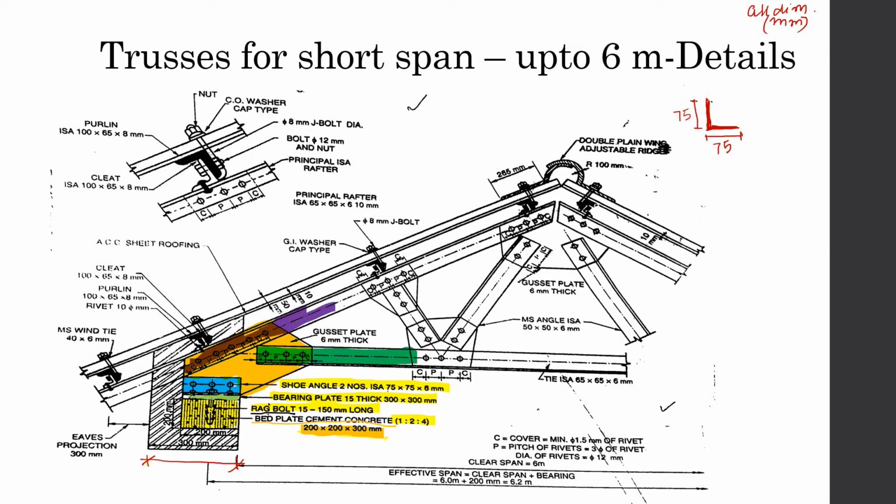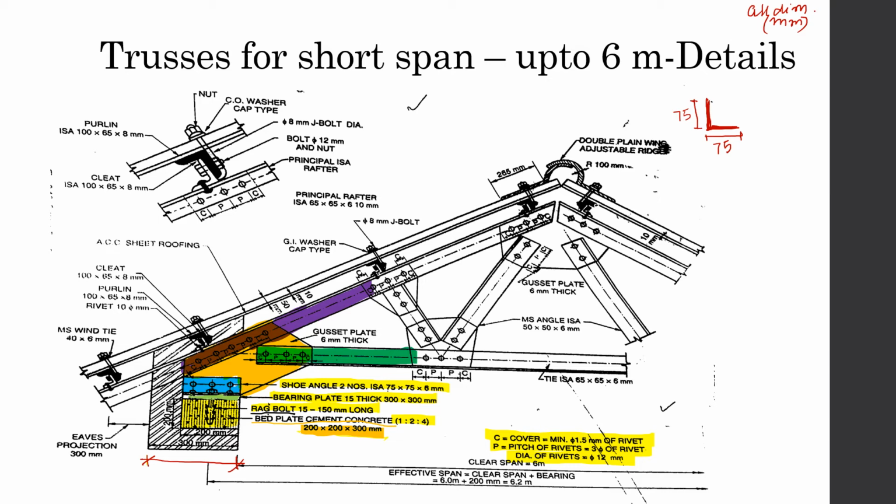This is the principal rafter, which is also fixed to the gusset plate using bolts. So as you can see, here you can see some terminologies or words which say C is cover, minimum 1.5 dia of rivet. P is for pitch of rivets. Pitch means the face that you see, and 12 mm is the dia of the rivet. So here you can see it's written C.